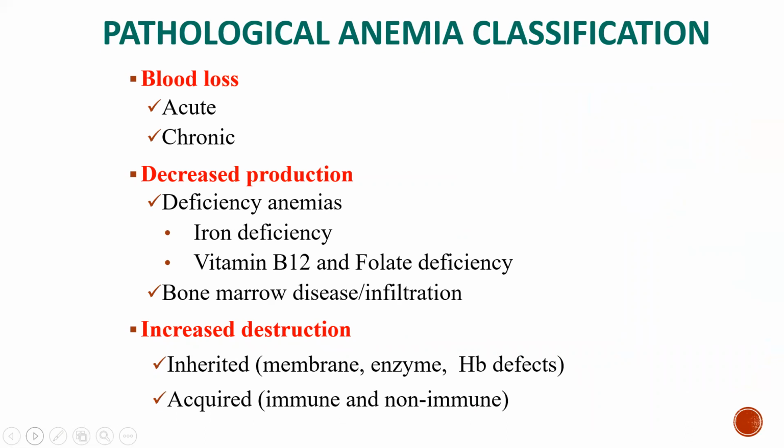There are several classifications of anemia, so let's start with the pathological one. By pathological classification, anemia can be defined as anemia due to blood loss, chronic and acute, anemia due to decreased production of red blood cells in the case of deficiency anemias or bone marrow disease or infiltration, and anemia due to increased destruction, inherited or acquired.